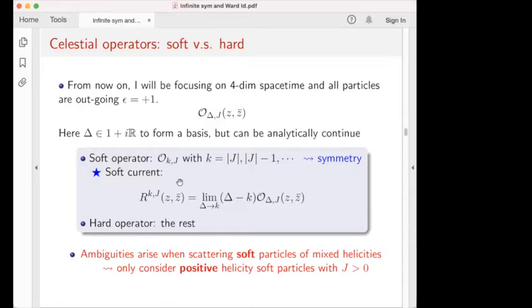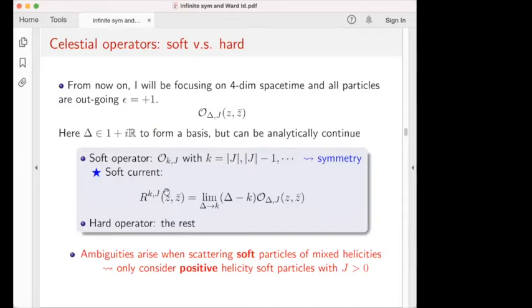For the soft operators, the conformal dimension K coincides with J or J-1, J-2, etc. Furthermore, we can consider soft current, which is constructed as follows. We take this O delta and multiply with this delta minus K, and then take the limit delta goes to K. This just picks up the residue of this O delta at K. This gives the definition of soft current.